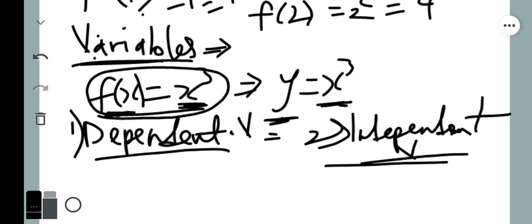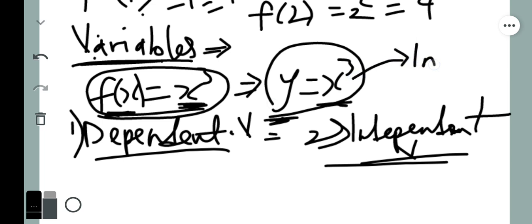In this function, which one is our dependent variable? This is our independent variable, and this will be our dependent variable. Why is y our dependent variable?